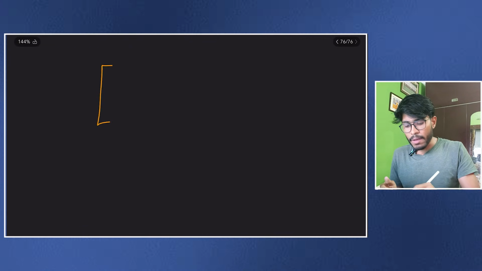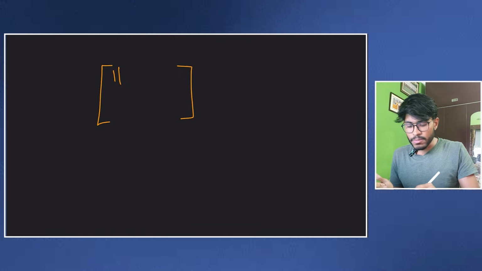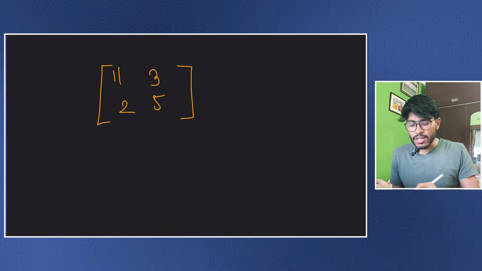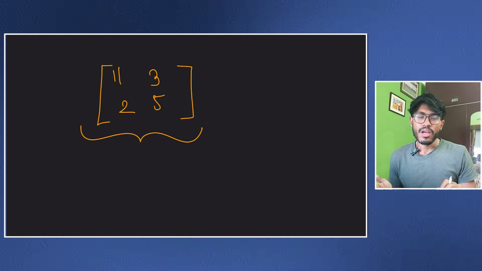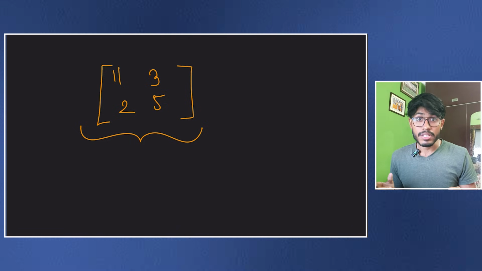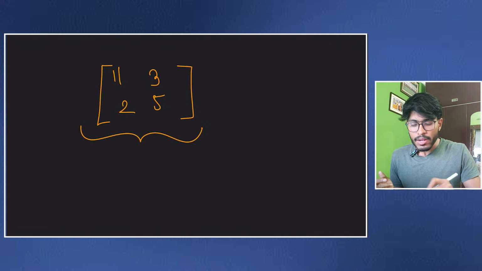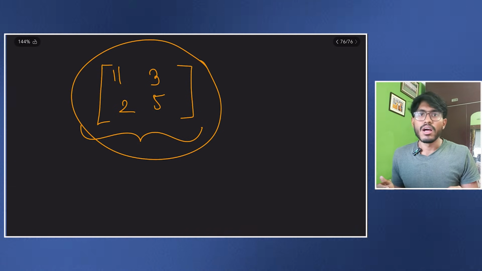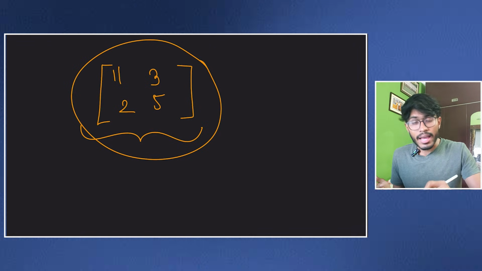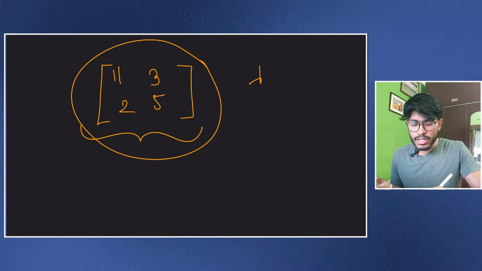Another question, from SOM again: I have a state of stress something like this, and you have to find the summation of the principal stresses. Here you need to know how to find the principal stresses from this type of matrix: the eigenvalues. So I need to know lambda 1 plus lambda 2.